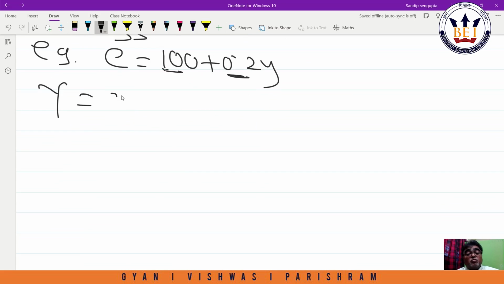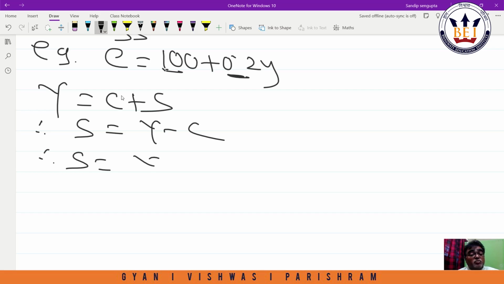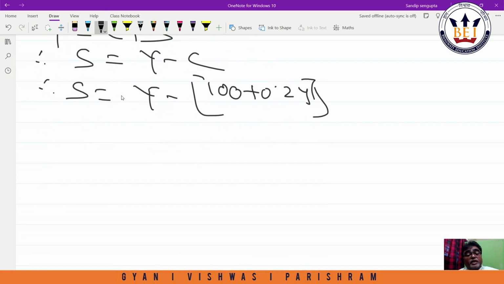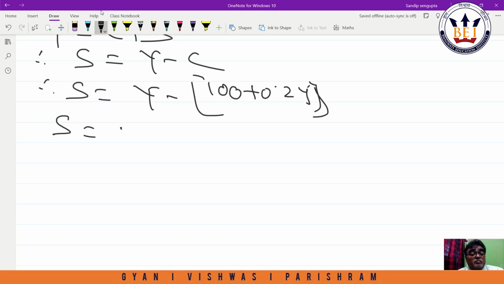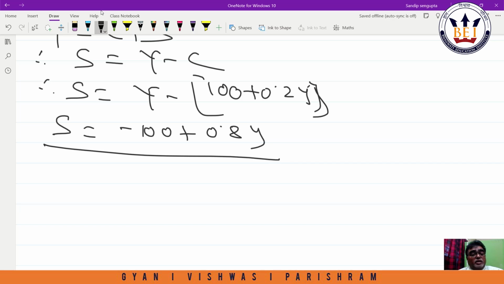So income is equal to C plus S. So obviously I can write S is equal to Y minus C. In the next line, instead of C, I can write 100 plus 0.2y. So what does it imply? S is equal to minus 100 plus 0.8y. Where it was autonomous consumption, it is negative autonomous saving, and it is MPS.